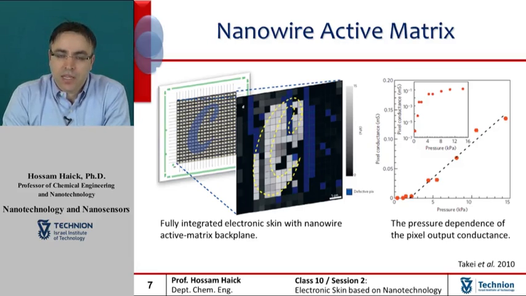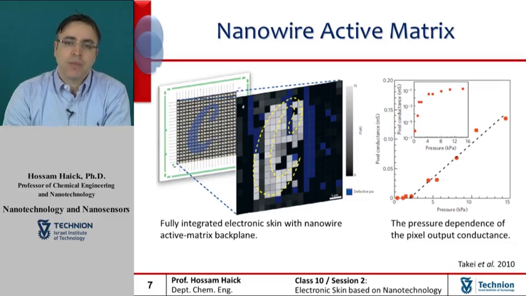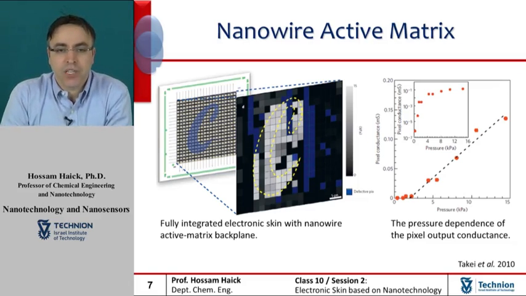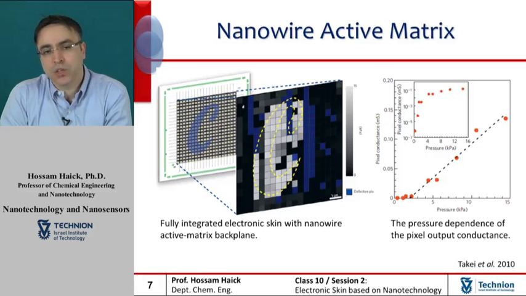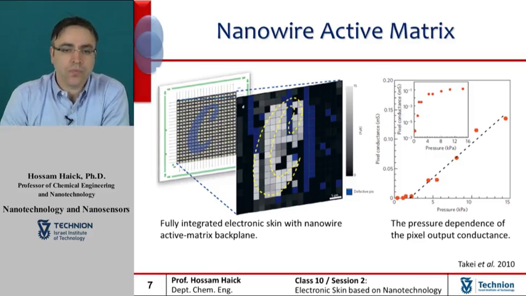The scalability of the proposed process scheme is demonstrated by the fabrication of the 19 by 18 pixel array of the electronic skin with a physical size of 77 square centimeters. The letter C with an area of 3 square centimeters is placed on top of the sensor array, followed by application of normal pressure of 15 kilopascal, as can be seen on the left figure.